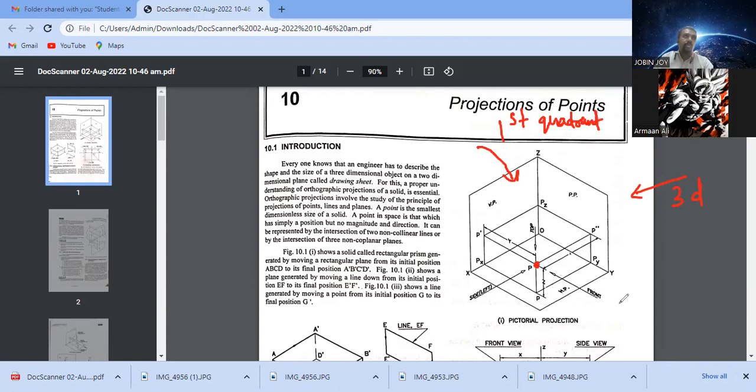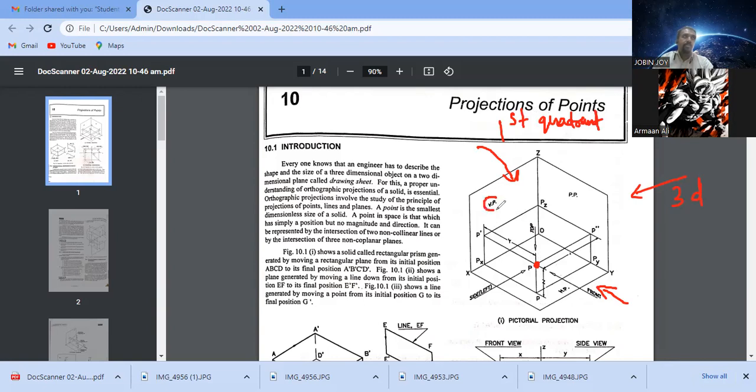This point is P. From this direction you will get the front view. Front view on which plane? Yesterday I have explained. Front view on which plane? The vertical plane.